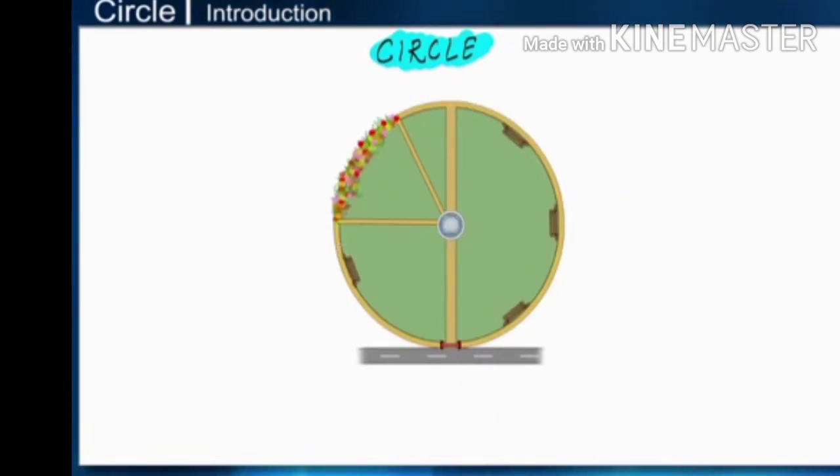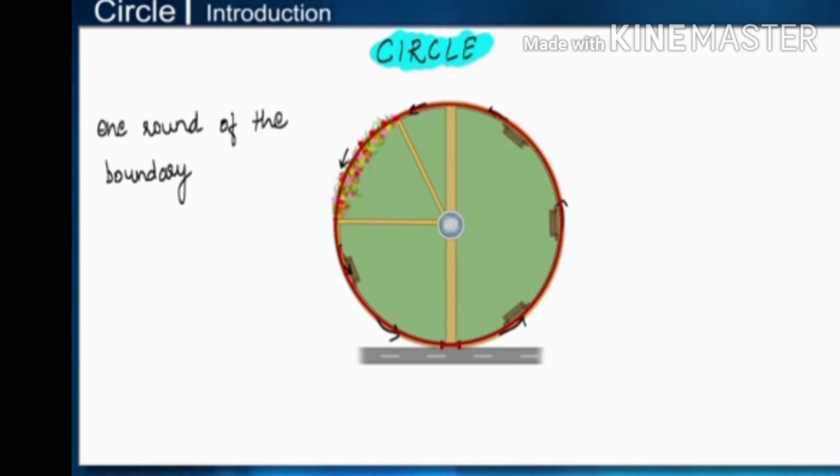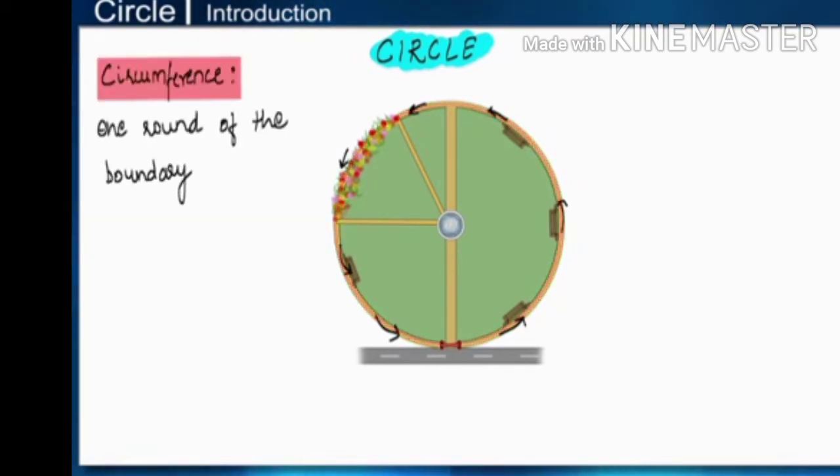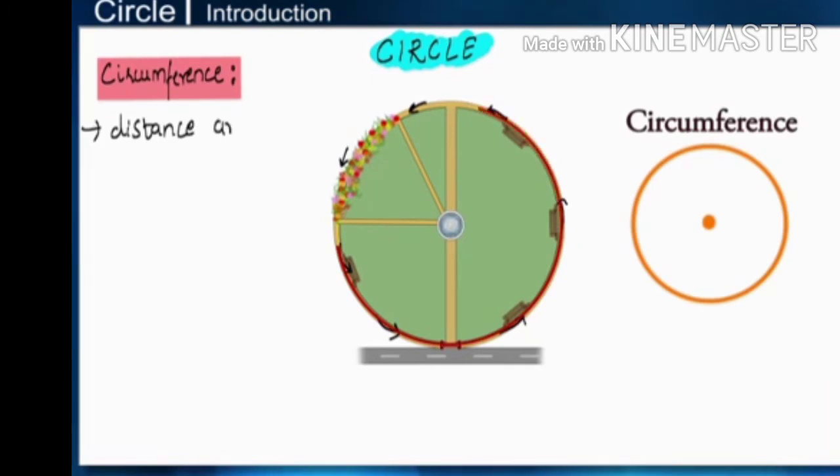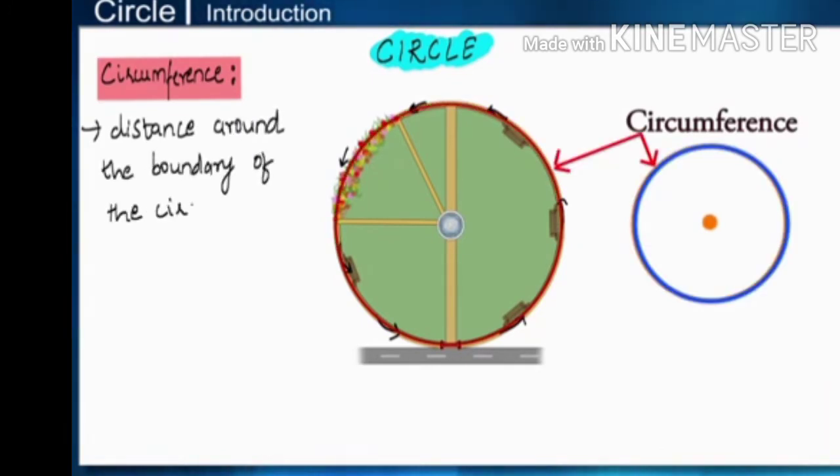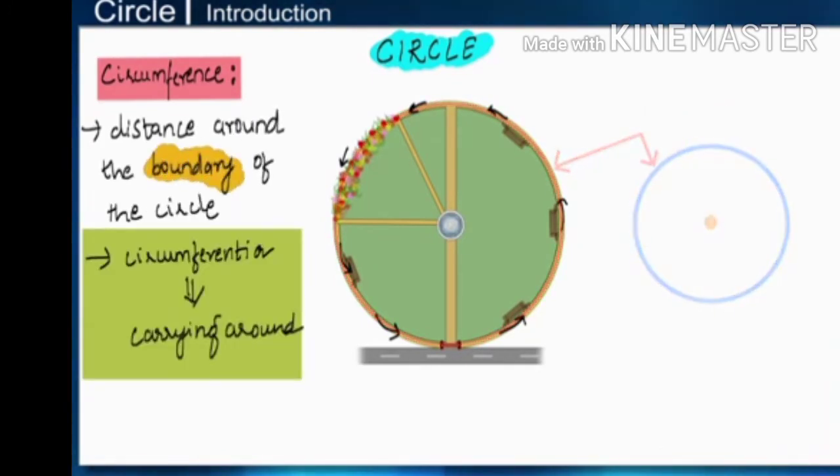Now just imagine if you're jogging around the boundary of the park and when you complete one round of this boundary, it is known as the circumference of the circular park in which you are jogging. Circumference is the distance around the boundary of a circle. If you noticed, the road in front of the park touches the park only at the entrance gate of the park.